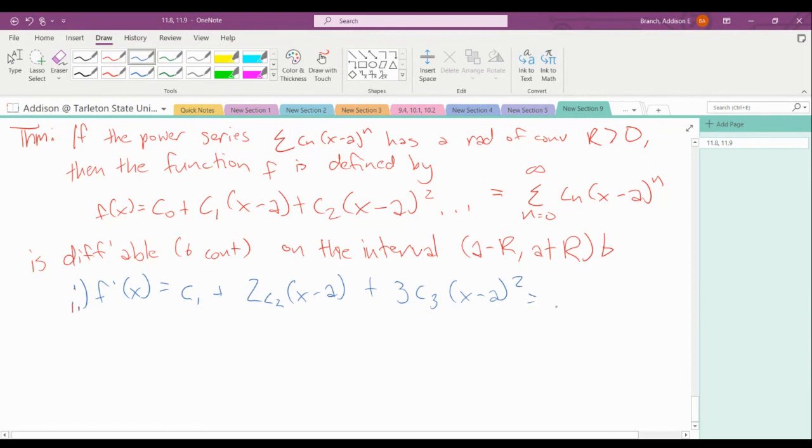And that is equal to the power series n equals 0 to infinity of n times c sub n times x minus a to the n minus 1. Oh, n minus 1. There we go.